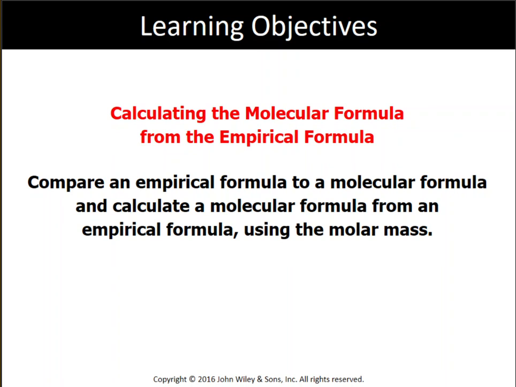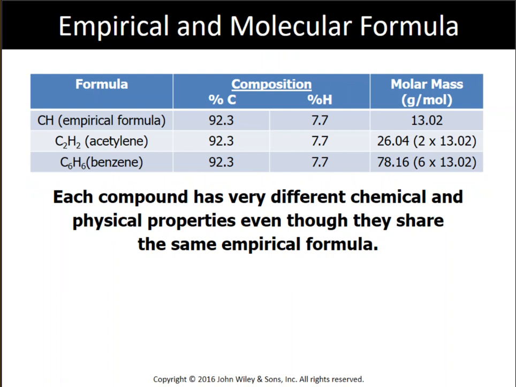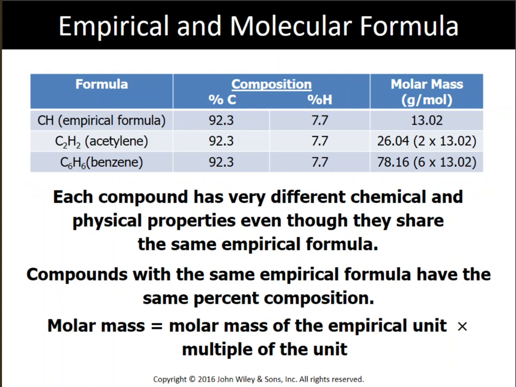So the way we can go from empirical formula to a molecular formula is basically by using the molar masses. So the molar mass of any compound is basically the molar mass of the empirical formula unit times number of empirical formula units.